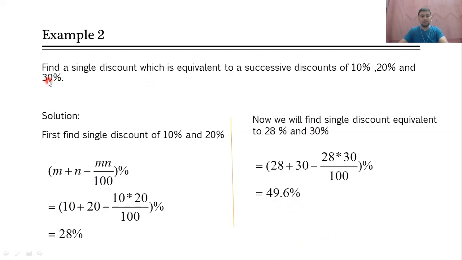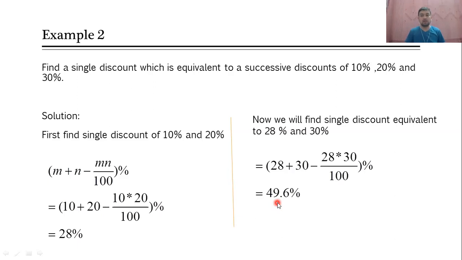See, if you sum it up, 30 plus 20 is 50, 50 plus 10 is 60. It is not the case that the article has a discount of 60%. It will always be less as compared to the summation of all the discounts. What answer are you getting here? 49%, which is less than 60. So hope you have understood both the cases.